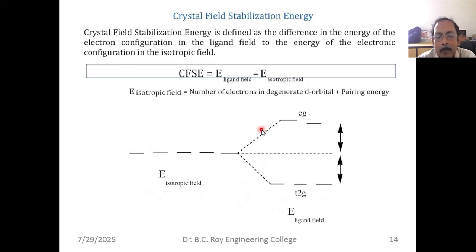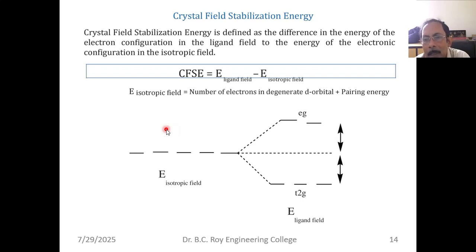Here, before any splitting occurred, it is called the isotropic field. What does it mean? Isotropic field means along any direction the field strength is equal. The splitting is not yet generated, the ligand is not yet approached. So in this situation, it is in the isotropic field.